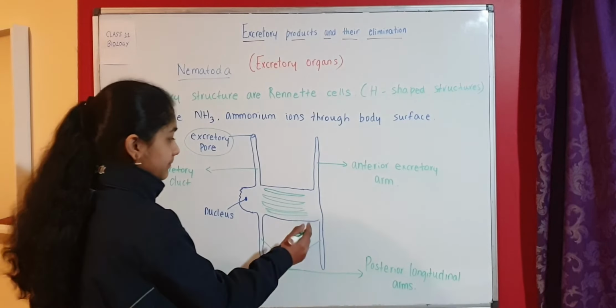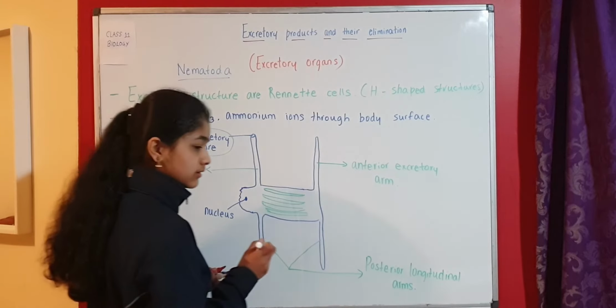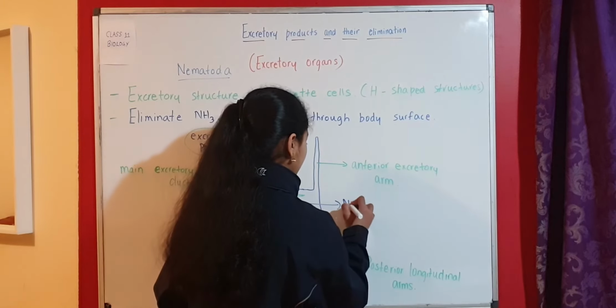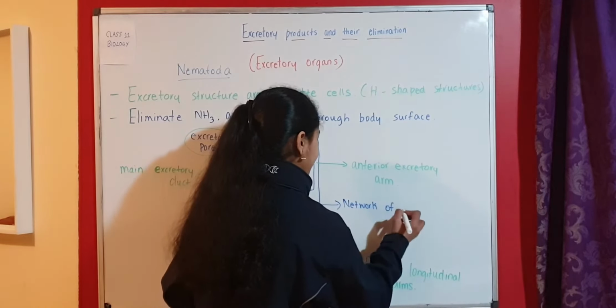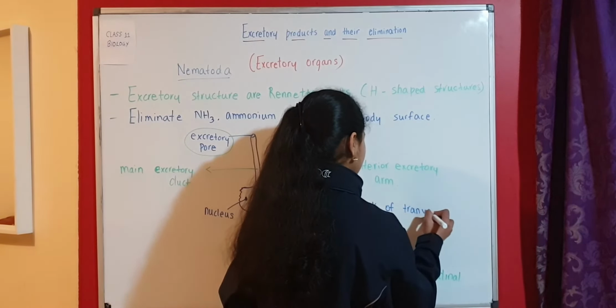The next thing, these network kind of structures are called the network of transverse ducts. These are called ducts again.